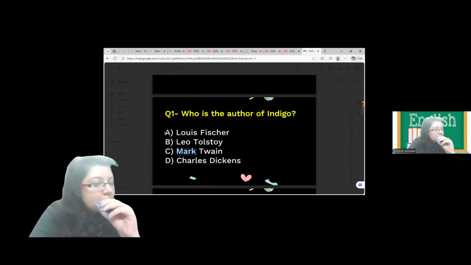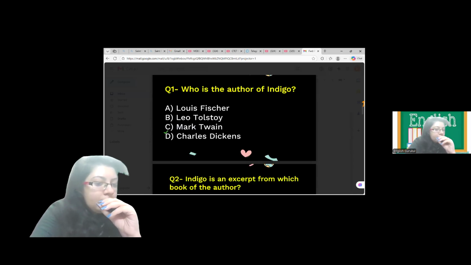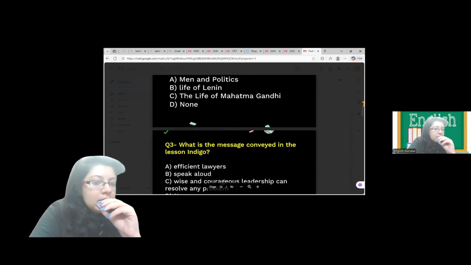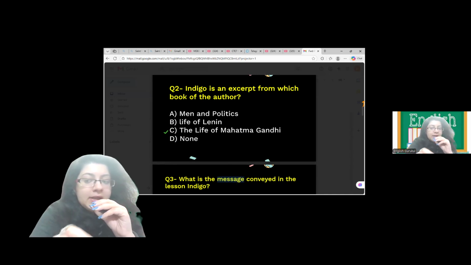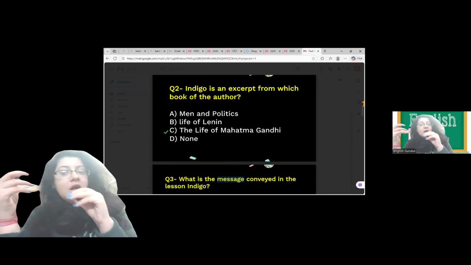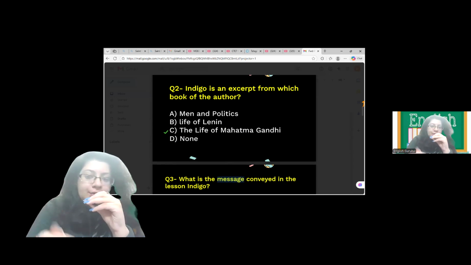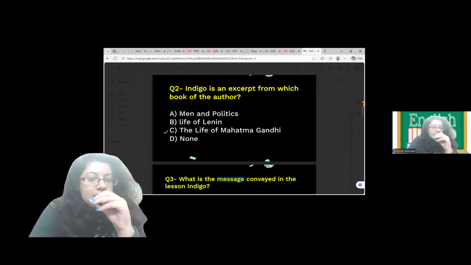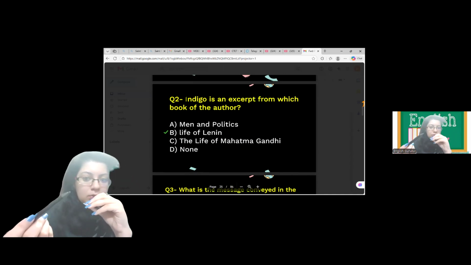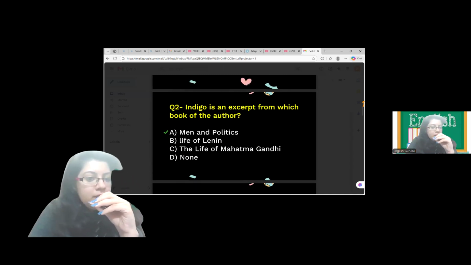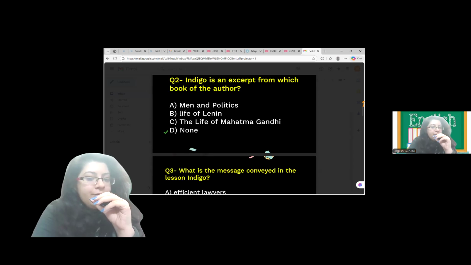It was Louis Fisher. Clear? And obviously, we are talking about Mahatma Gandhi, so you can associate it with the life of Mahatma Gandhi. So Indigo is an excerpt, that means a short extract, from the life of Mahatma Gandhi.